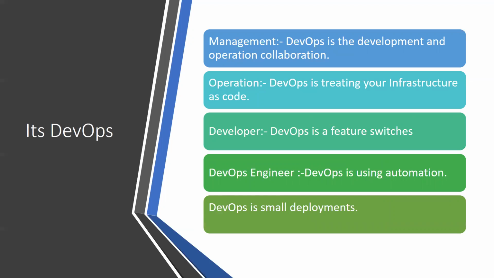For a developer, it is a feature which we can turn on or turn off. For a DevOps engineer, it is complete automation. For others, DevOps is small deployments. It is not a huge amount of deployment, but it is in the form of chunks.